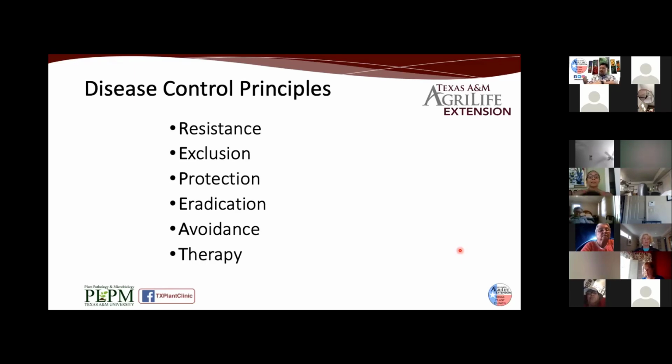Now, over the years, people have modified the groups and utilized different terminologies to fit in new technologies in terms of tools that are able to manage plant health. But there are a few things on this list that have remained true from 1934. For example, resistance.